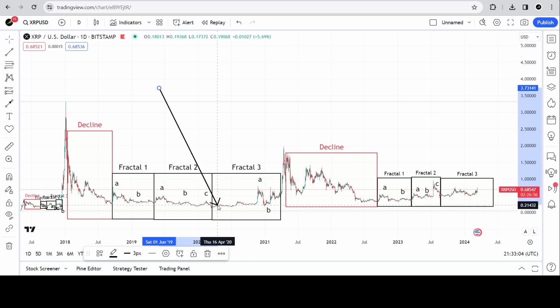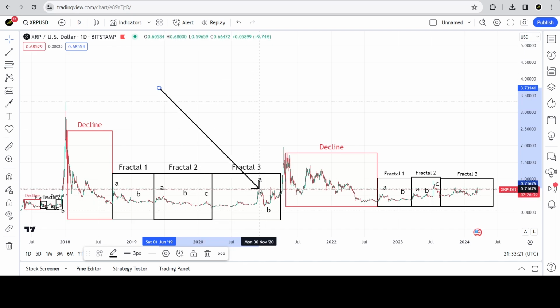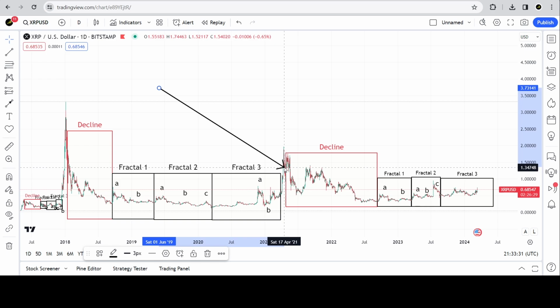Fractal 3 is what we are currently working through, and there are different iterations that look different than this one. The fundamental characteristics of Fractal 3 is it moves up to a peak in part A, it drops or crashes in part B, and then it recovers, does a smaller correction here before going into the bull run.